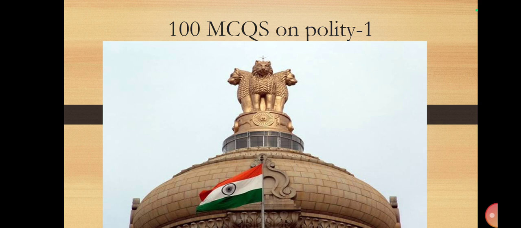As per the 74th Amendment Act of 1992, no person shall be disqualified on the ground that he is less than 25 years of age if he has attained the age of 21 years.